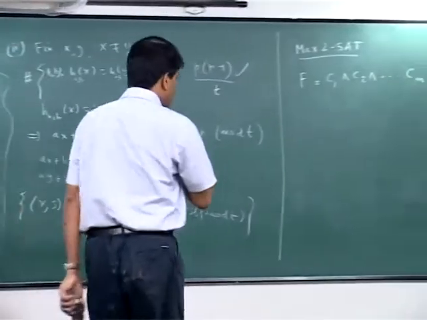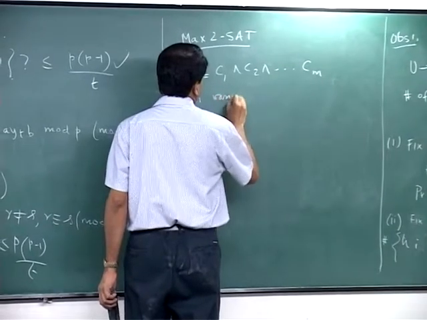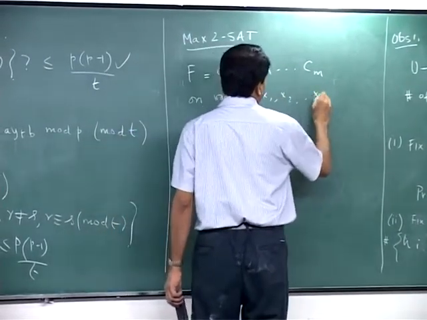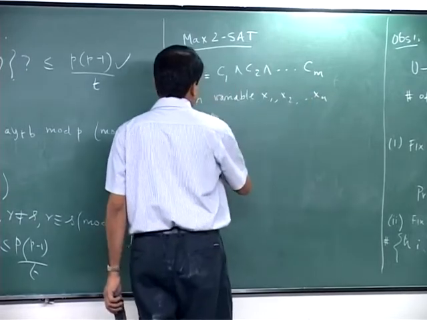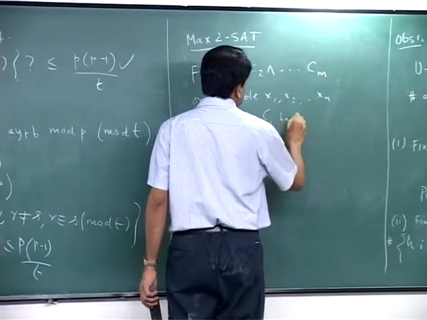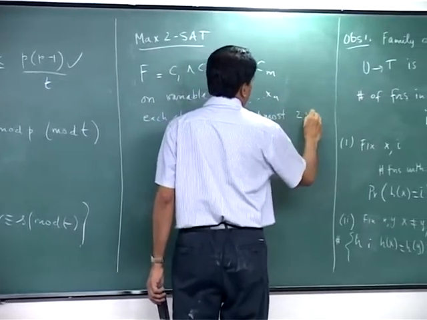Okay. Now, on variables x1 through xn, each clause has at most 2 variables.